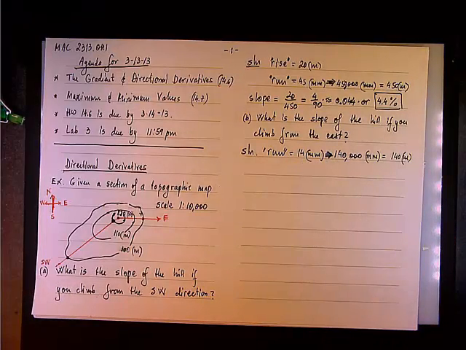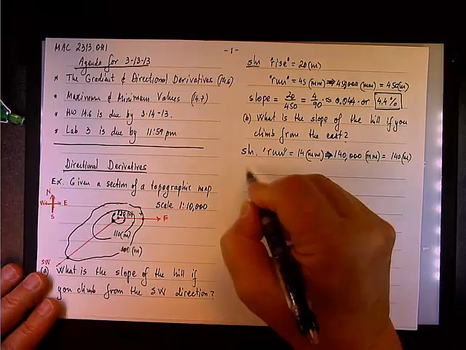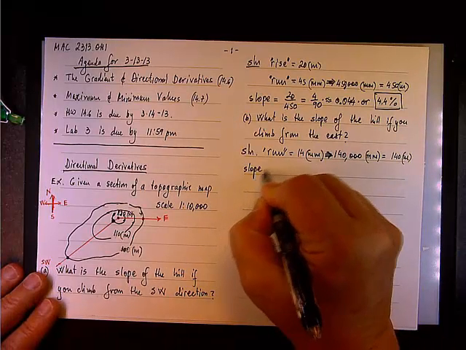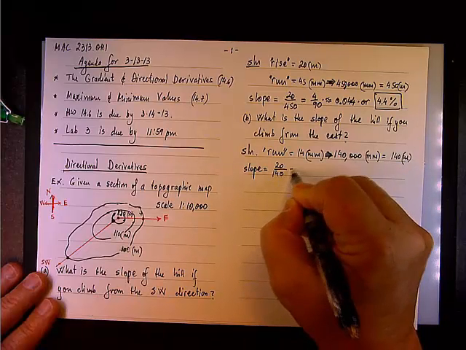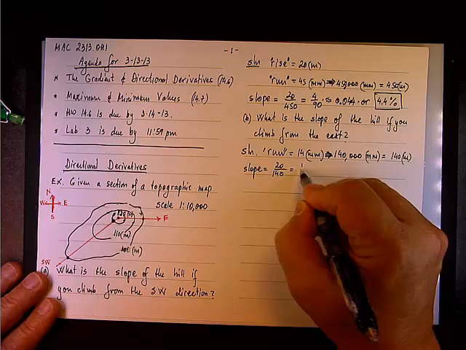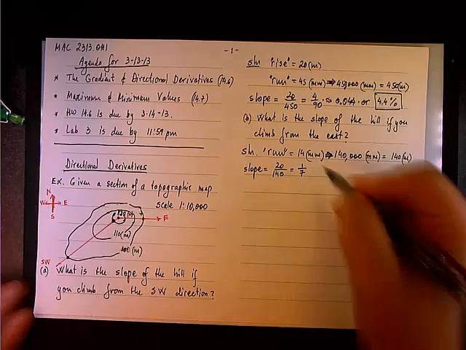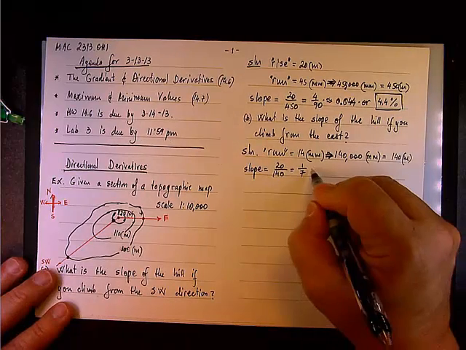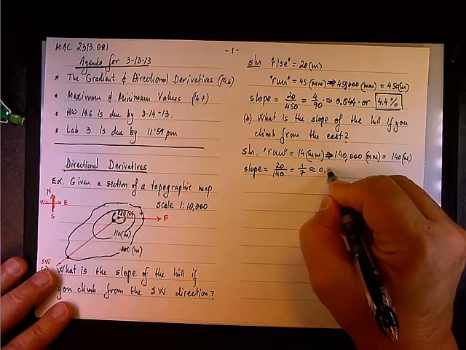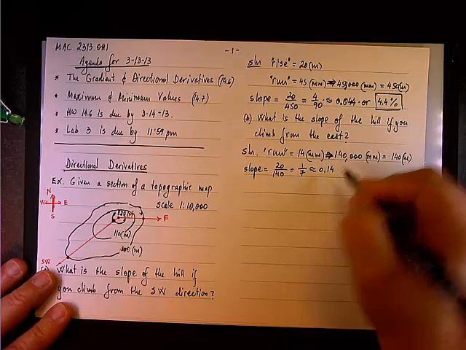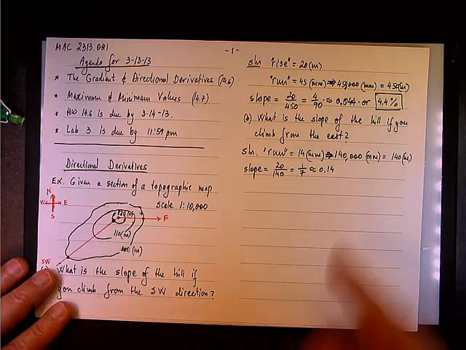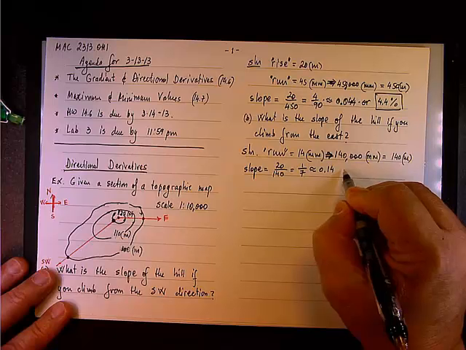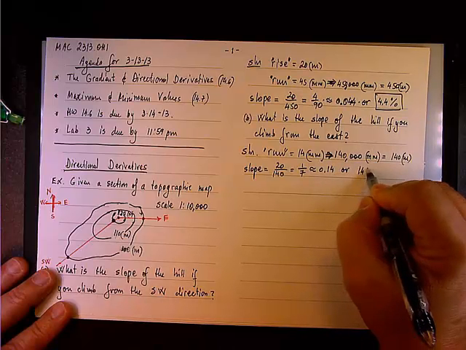Actually, let's change the equal sign to implies. So 14 millimeters implies 140 meters in reality. So the slope now equals 20 divided by 140, or 2 over 14, or 1/7.